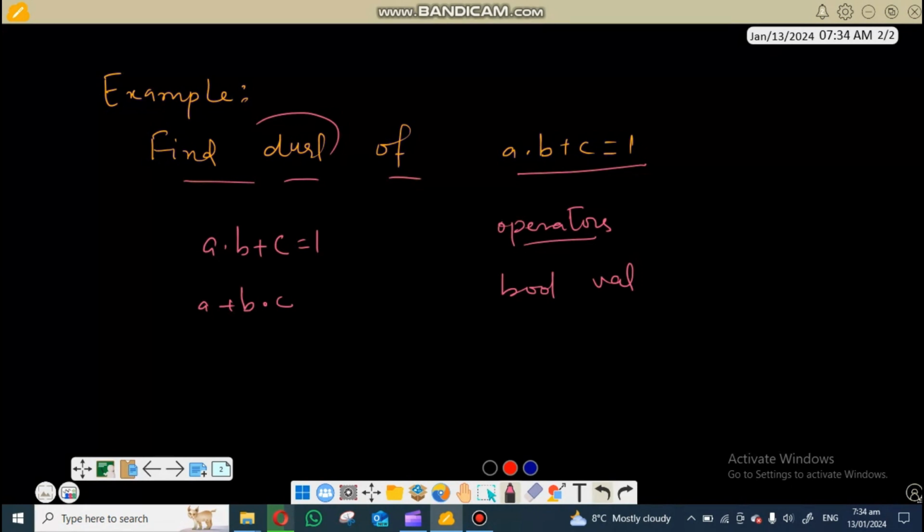But we have a straight 1 here, which is a Boolean value, so I convert it into 0. So a plus b dot c equals 0 is going to be the dual of this expression.